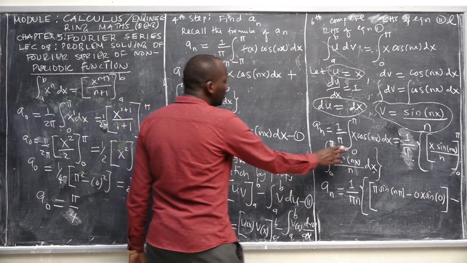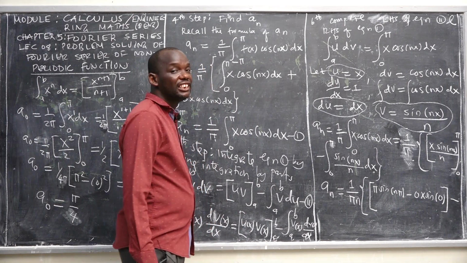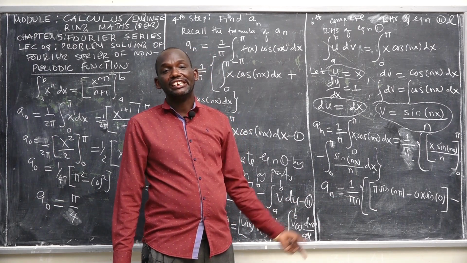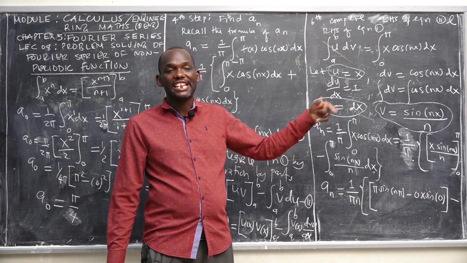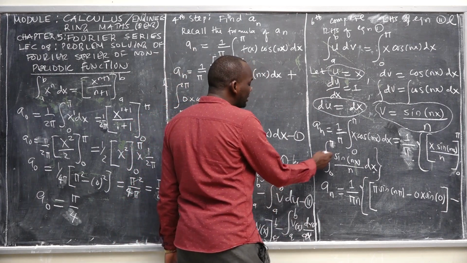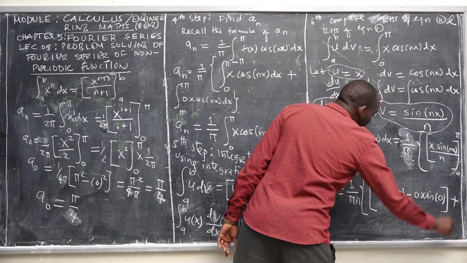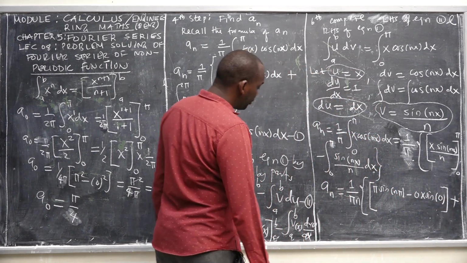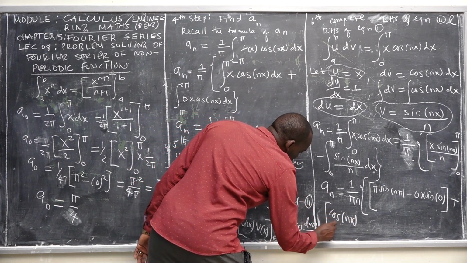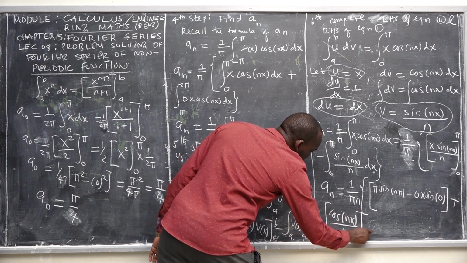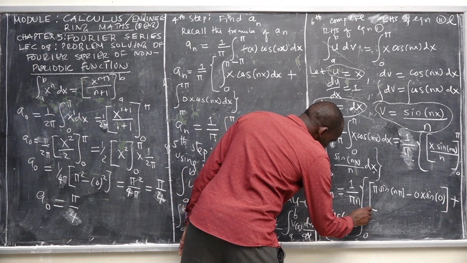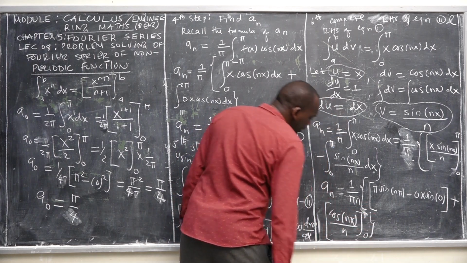If you integrate sine of nx dx, you get negative cosine of nx over n, so negative times negative gives positive cosine of nx over n, from 0 to pi, with n outside here. Then we close the curly bracket.